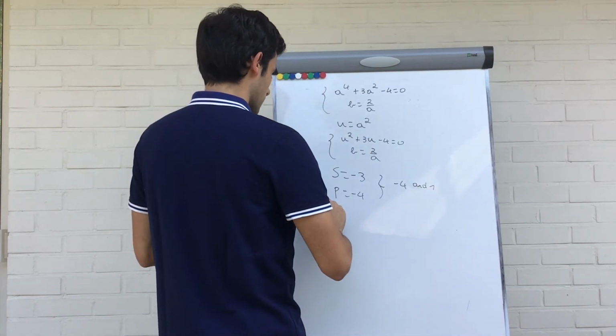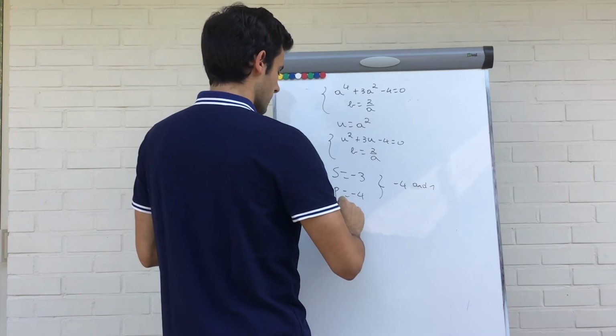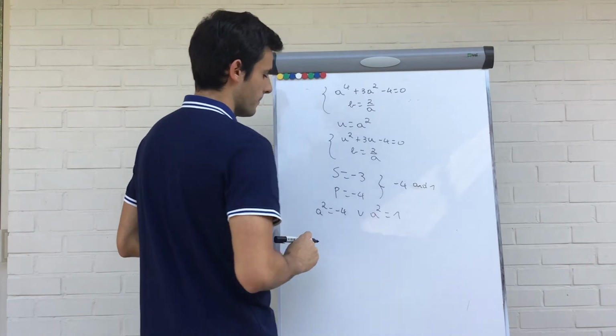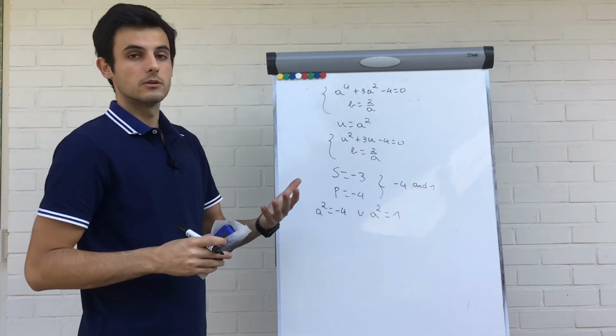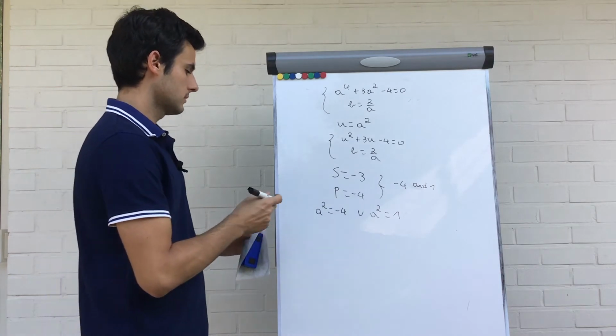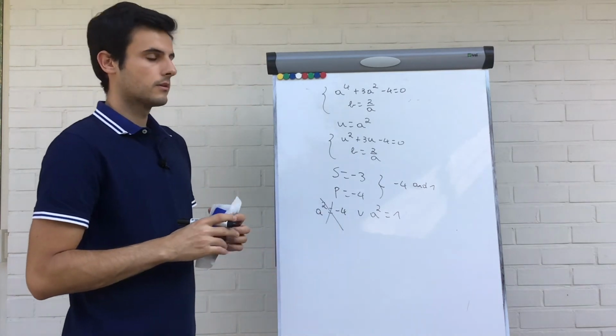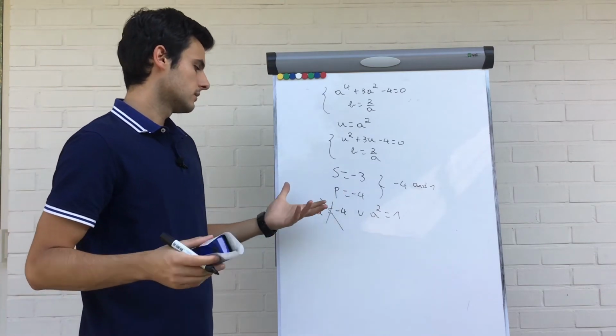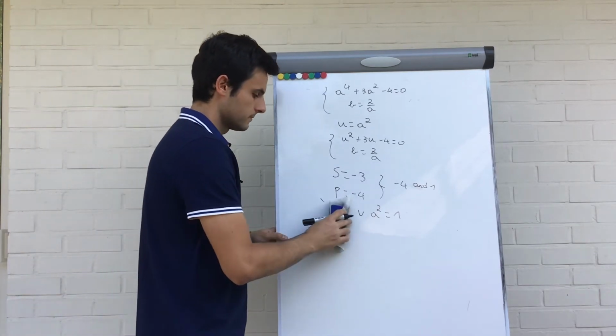So a to the power of 2 is equal to minus 4, or a to the power of 2 is equal to 1. Now a is a real number, so a to the power of 2 equal to minus 4, that's not correct. There's not an a that can be taken to the power of 2 and that it is equal to minus 4.